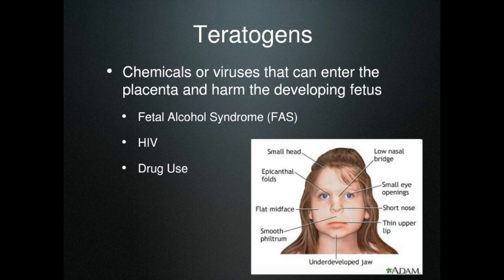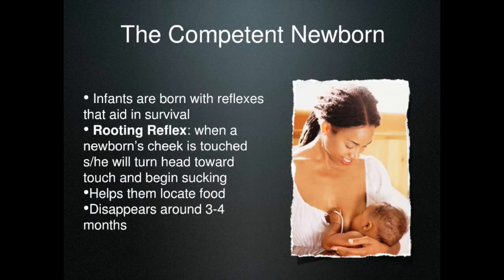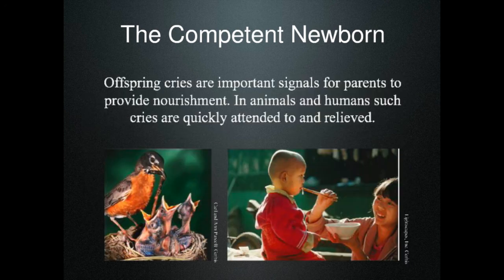HIV is another one. Some mothers who have HIV can have children that have HIV, and then there's any other kind of drug use. What's really cool is that when children are born, they're born with some sort of reflexes. They know how to locate food, they know how to suck, those kinds of things, which is kind of cool. So that's definitely nature.